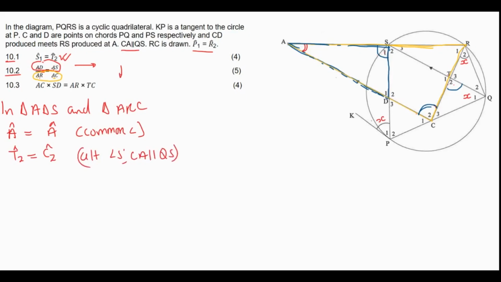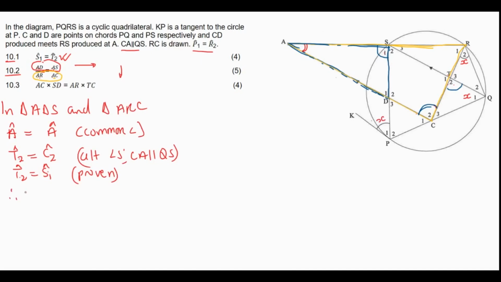We already proved that angle S1 is equal to angle T2. So angle T2 is equal to angle S1. We already proved that. And then from here, we can easily see that angle C2 is equal to angle S1. Angle C2 is equal to angle T2. Angle S1 is equal to angle T2.